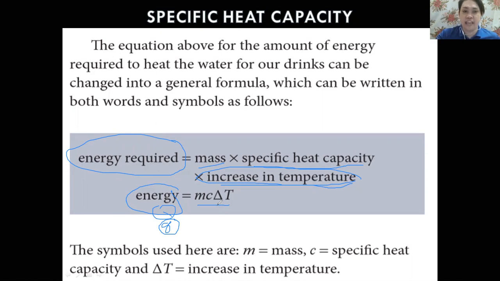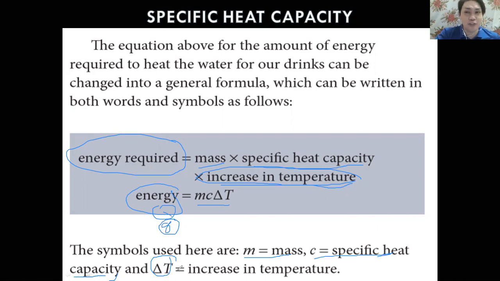What does m stand for? m stands for the mass. c is for the specific heat capacity. That's why you have to memorize the specific heat capacity of each substance or any substance. And then delta T equals the increase in temperature.